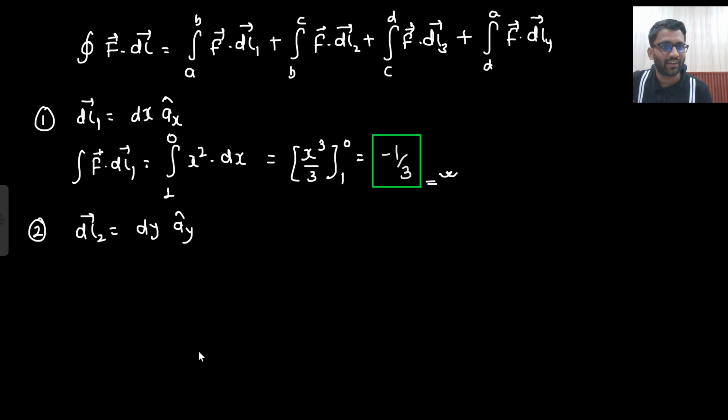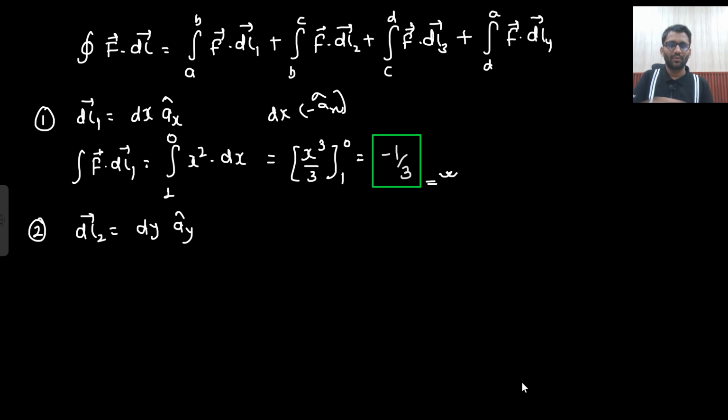A lot of times students have this doubt, sir, dx minus ax cap. No, you are saying that I am moving in the ax direction only, but I am going from 1 to 0. So the limit will take care. Always you need to write this positive only. If I write minus ax, then my limit will be from 0 to 1, not from 1 to 0. Are you getting this point?